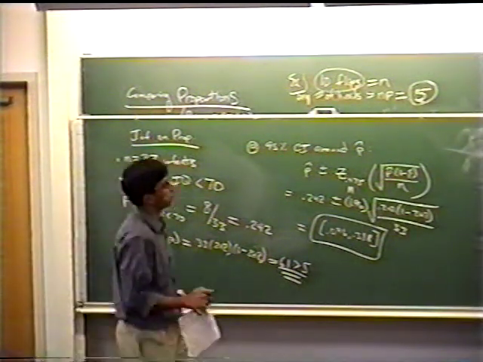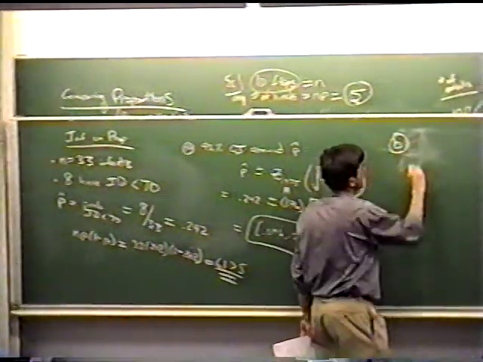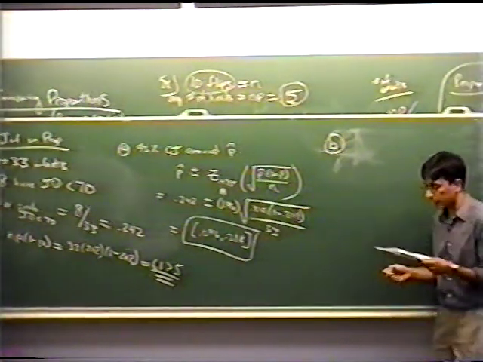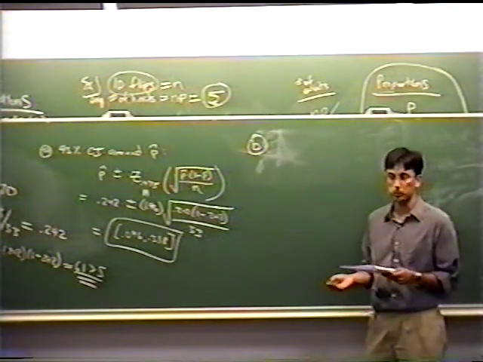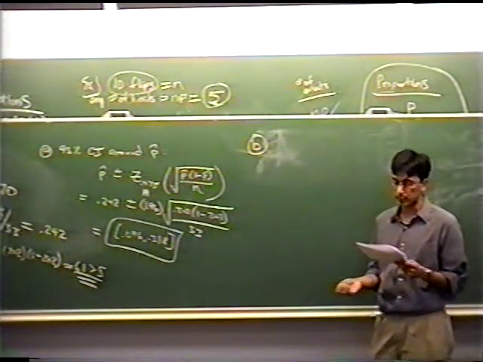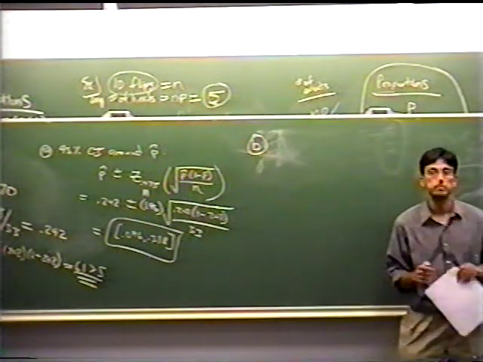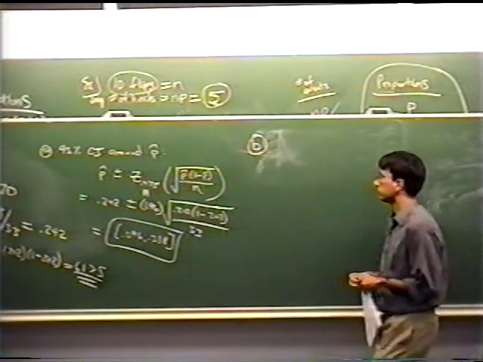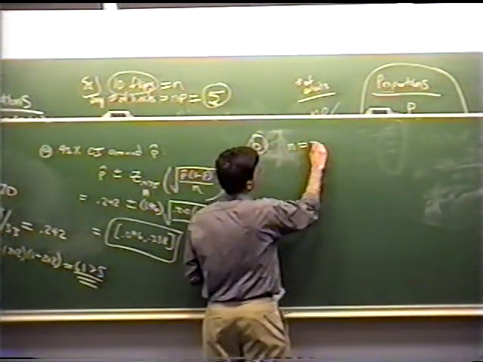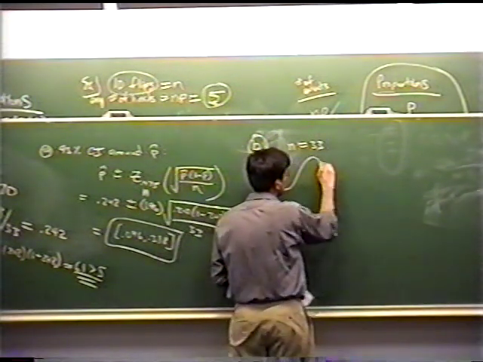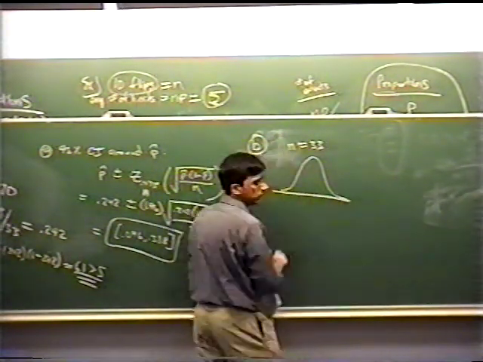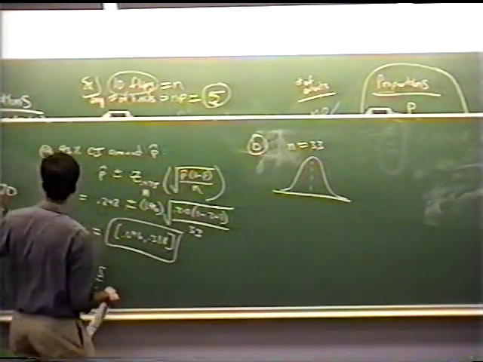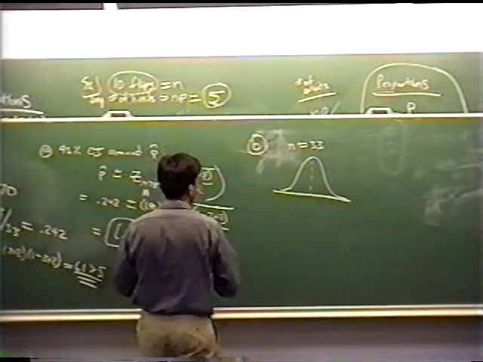Okay, let's go to part B. If you were to select repeated samples of size 33 from this population of children with growth failure, what fraction has a sample proportion of 0.3 or more? So how do we do that? So n is 33. We're taking these repeated samples of n of 33, and we're going to assume that our mean probability is the same as our sample probability of 0.242.